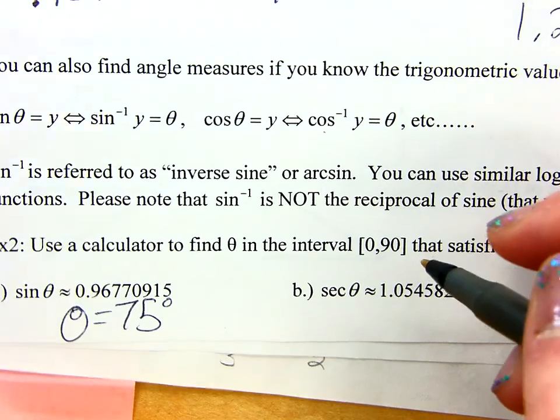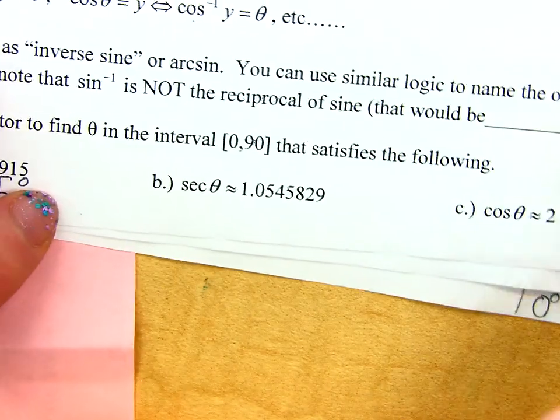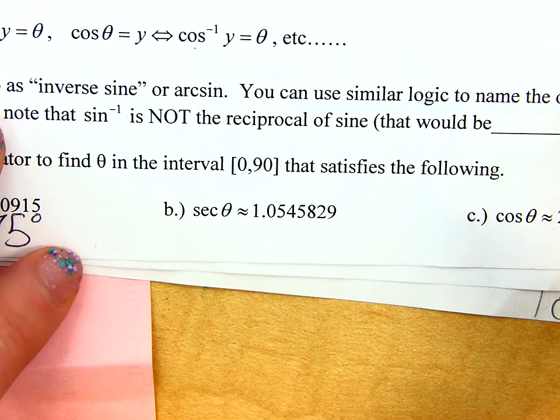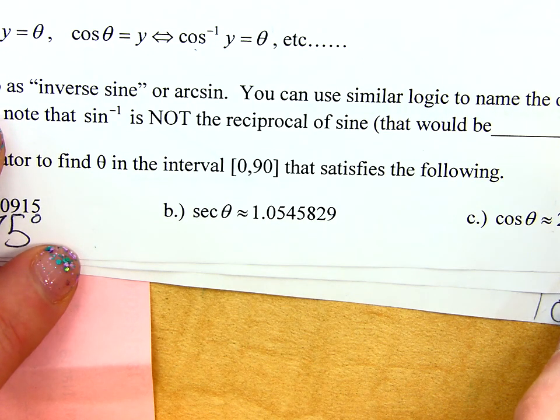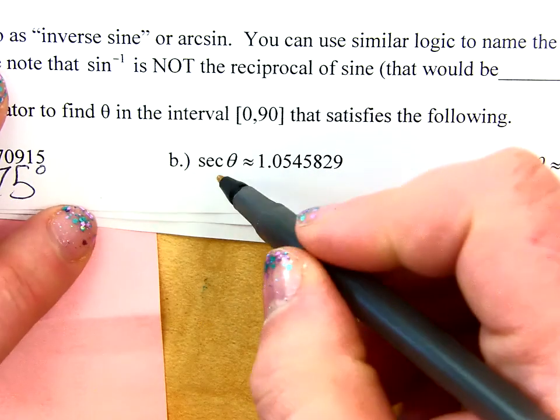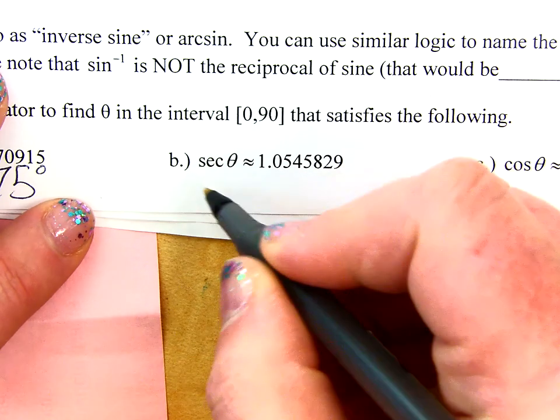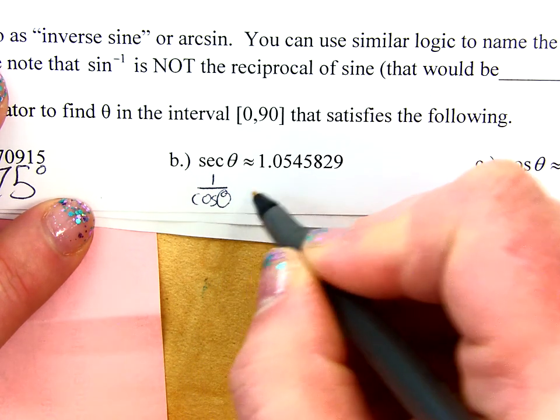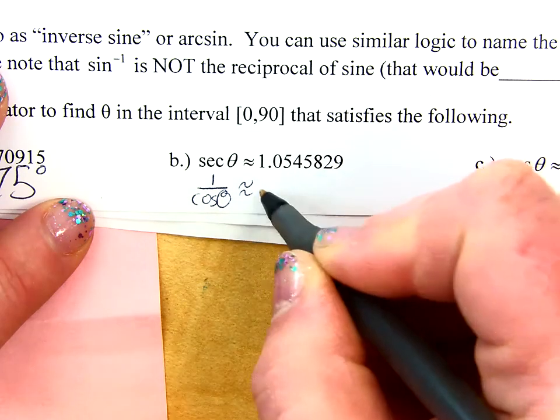Now, B, I don't have a secant button, so I can't just hit second secant. Secant, remember, is 1 over cosine, right? So think about what this is really saying. This is the same thing as saying 1 over cosine of my angle is approximately this crazy decimal.